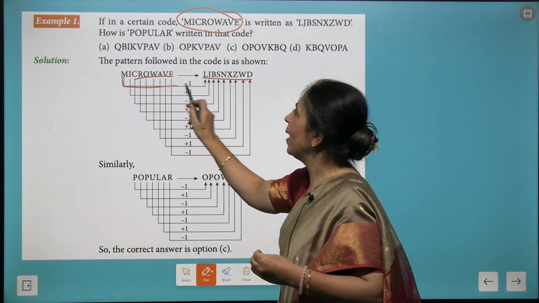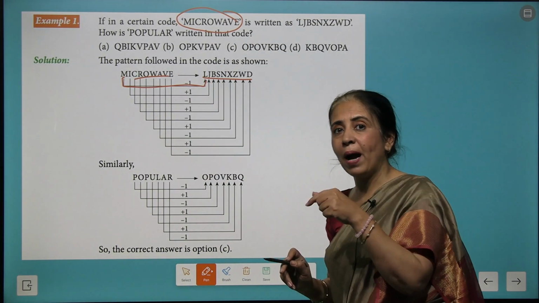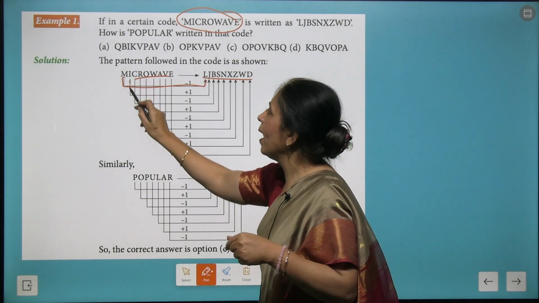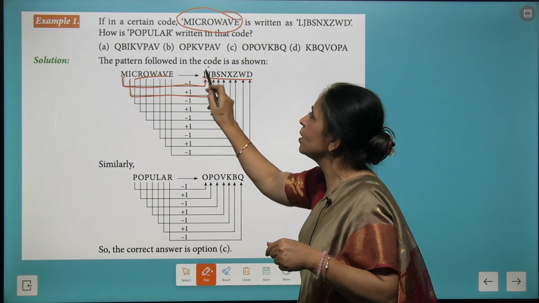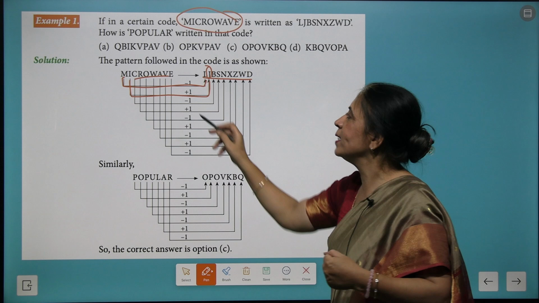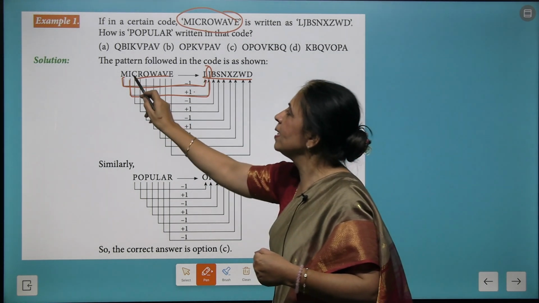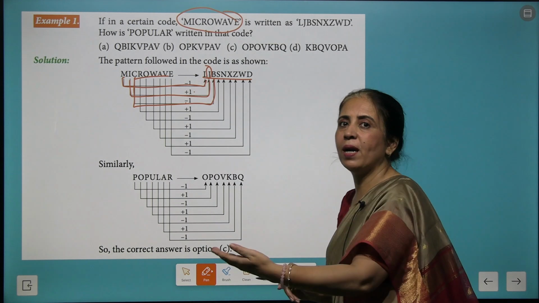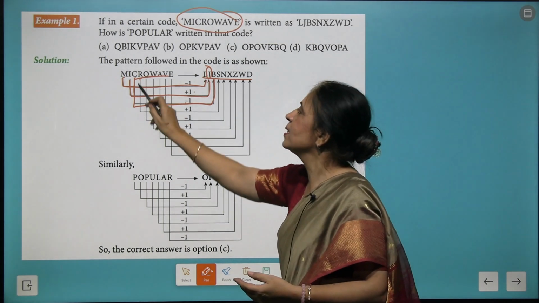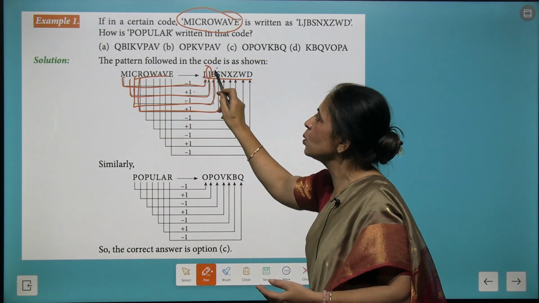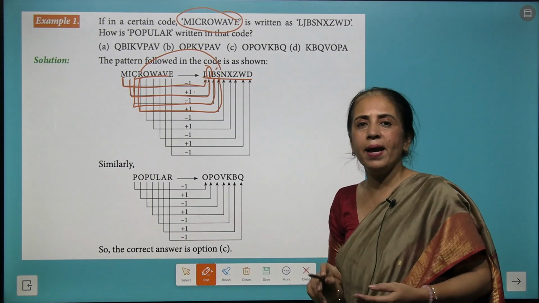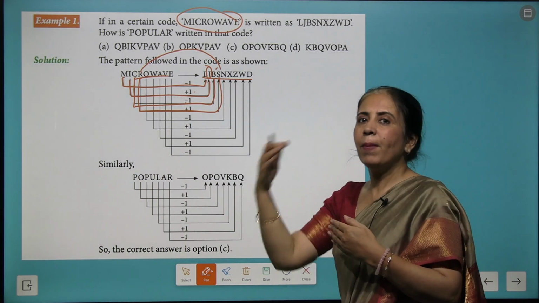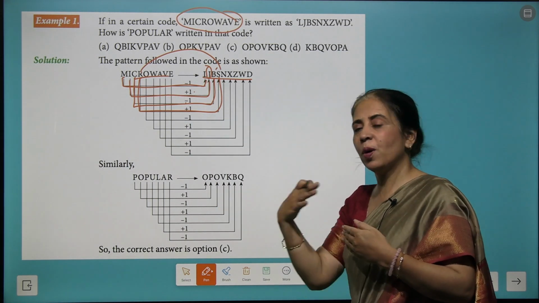So M is replaced by L, which is -1, and I is replaced by the next letter J, so we say it is +1. Then C is written as B, which is -1 because B comes before C, and the next alphabet is +1. R is replaced by S. So we got a pattern: -1, +1, -1, +1.